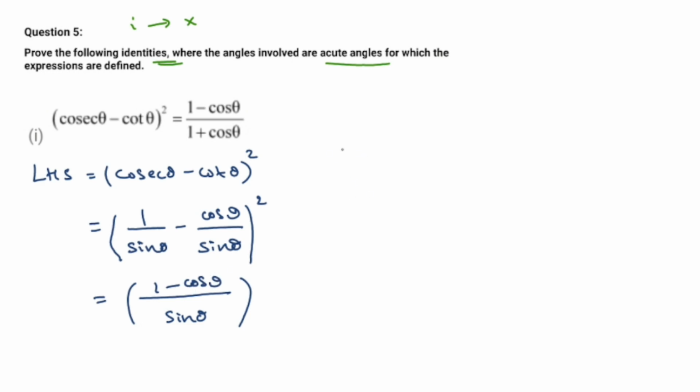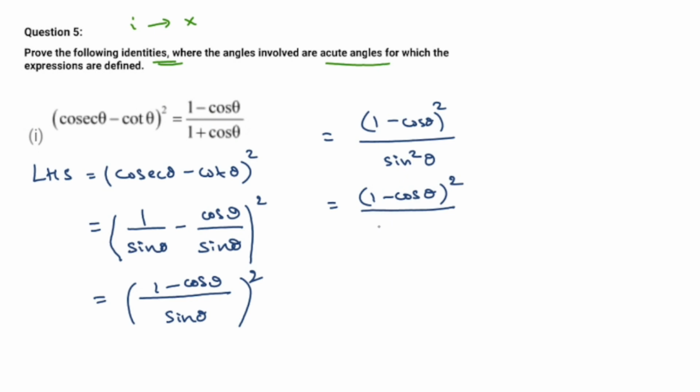Then in the next step, taking the square to the numerator and denominator separately, (1 minus cos theta) whole square divided by sin square theta. (1 minus cos theta) whole square as it is, divided by sin square theta, which can be written as 1 minus cos square theta by using the identity sin square A plus cos square A equal to 1.